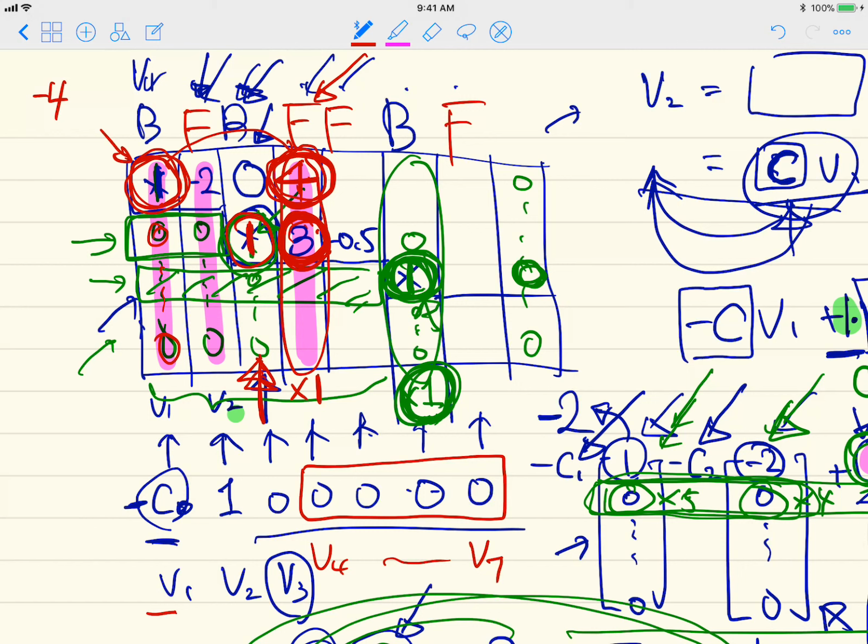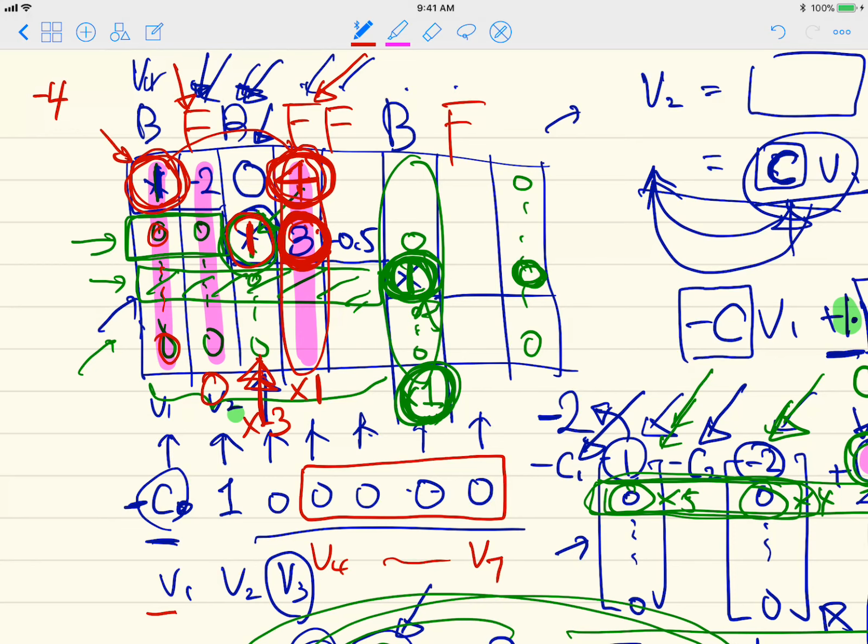Because the pivot should be the first appearing non-zero entry in that row. So how can we cancel out this value of 3? We can just simply multiply by -3 in this case, right? And then what about the second variable? We don't actually need to use it, right? So we can just simply set the coefficient of that second vector as 0.